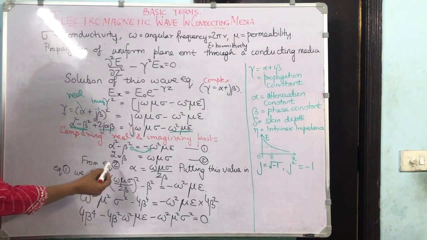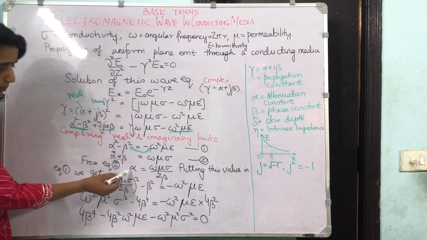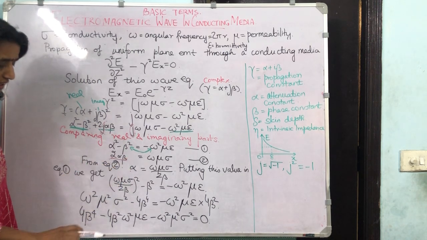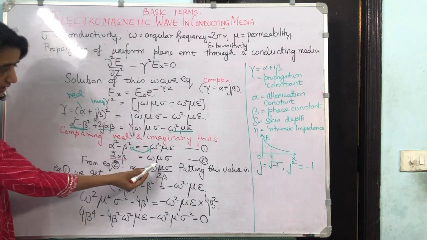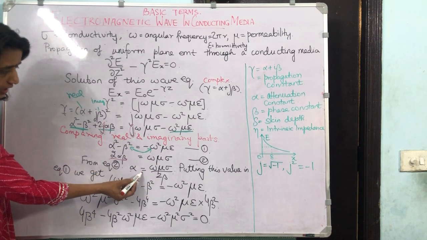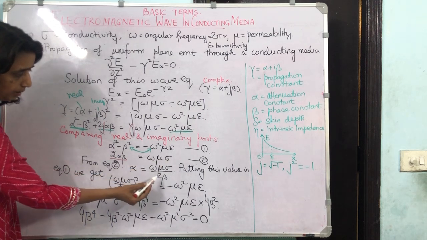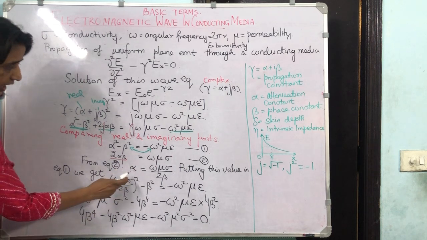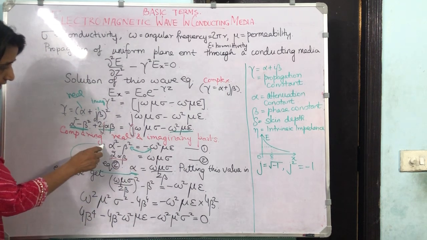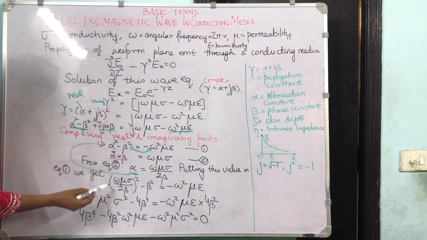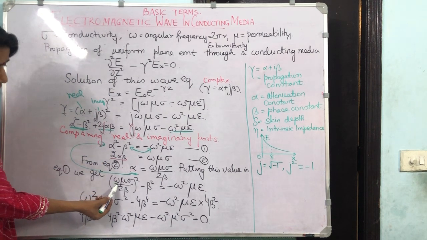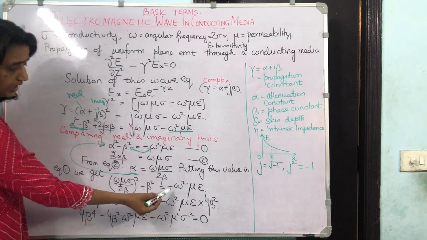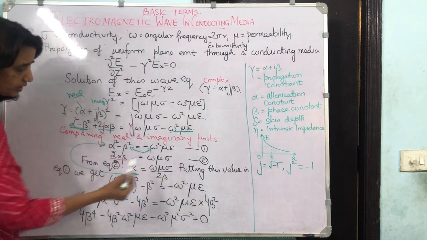Now we will solve these two equations. How? From the second equation, either we begin with alpha or we begin with beta, it makes no difference. For our convenience, we are beginning with alpha. From this equation, alpha becomes equal to omega mu sigma upon 2 beta. We will put this value of alpha in the first equation, so it becomes omega mu sigma upon 2 beta whole squared minus beta squared equal to minus omega squared mu epsilon.